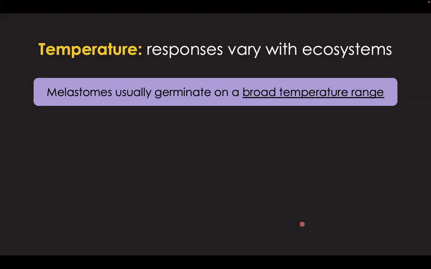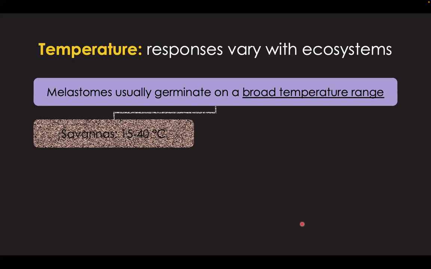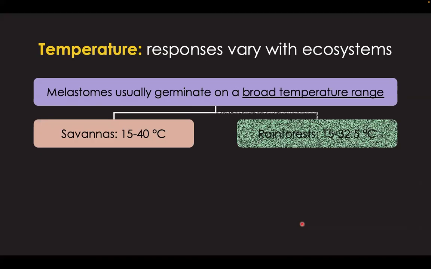And if we compare our most studied biomes, the savannas and the rainforest, we see a difference between them. In savannas, the temperature range of melastomes goes from 15 degrees to 40 degrees, while in the rainforest, which is not as hot, they are not able to germinate at such high temperatures as in savannas.